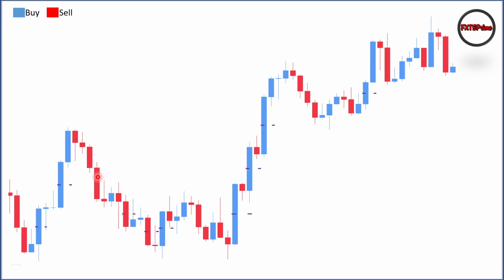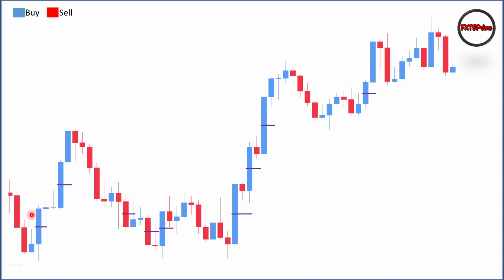First of all, I would like to draw lines on a few candles here. If you realize, those lines are drawn on the 50% of the candle body. The reason I have drawn these lines on the 50% of the candle body is because I want to explain the overlap.